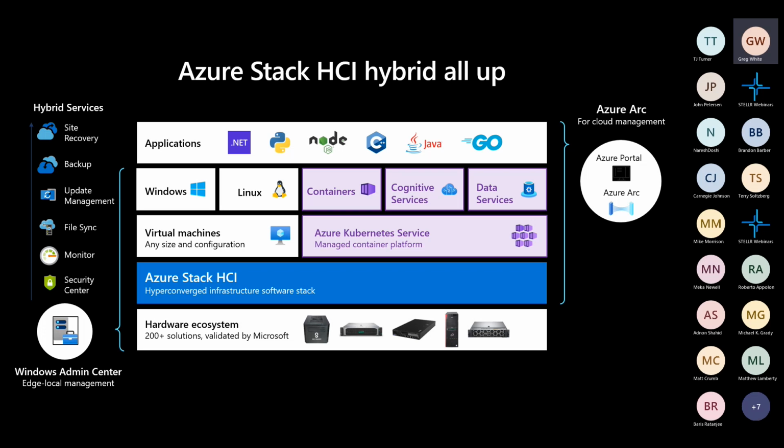This is where those data services, machine learning, cognitive services, or just regular containerization run. And then on top of all of that, obviously runs the application that drives your customer's business. And then you can see over to the left, you're able to use all of those core capabilities that Azure has differentiated itself with, a consistent management interface, either of the Microsoft Azure Management Portal or the Windows Admin Center for local administration.